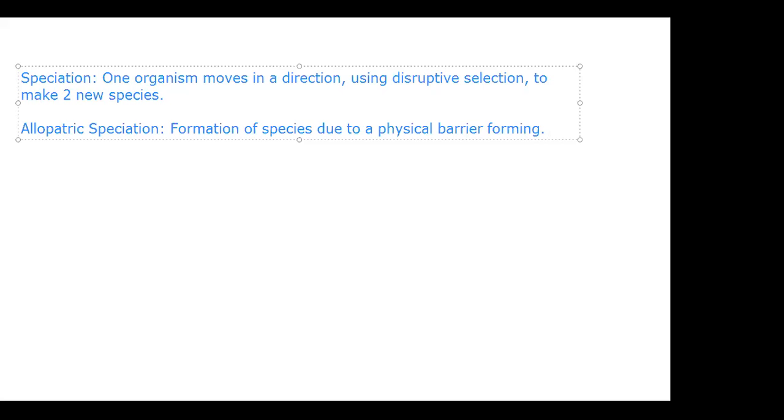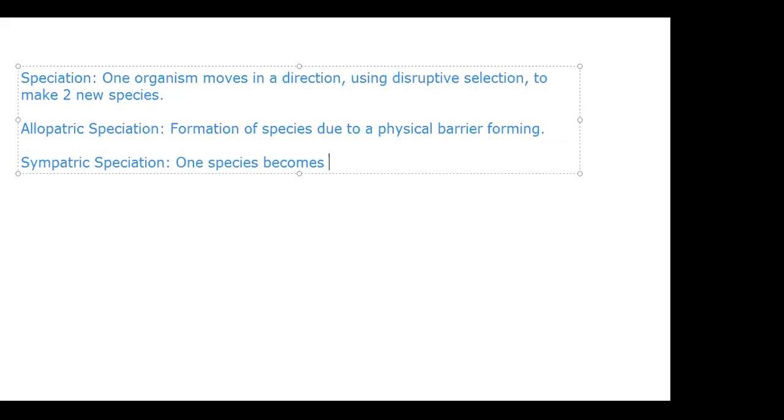Okay, and then the other one we have is sympatric speciation. This is a little bit different. Sympatric speciation is where one species becomes two while still living in the same area.